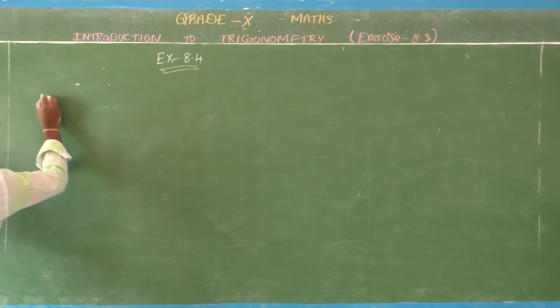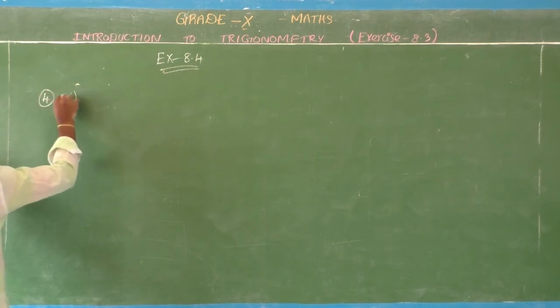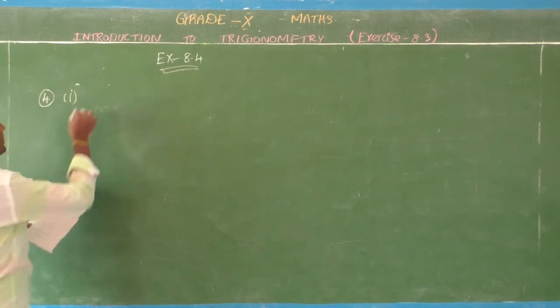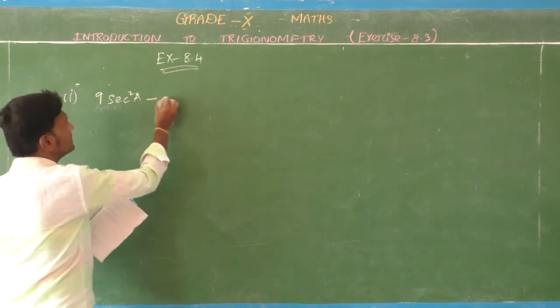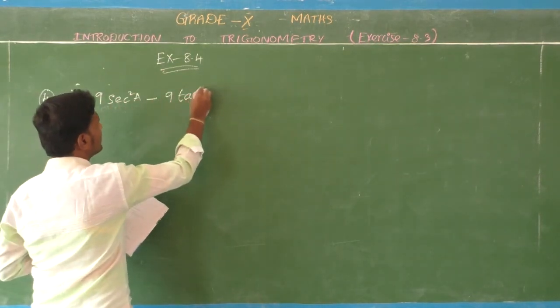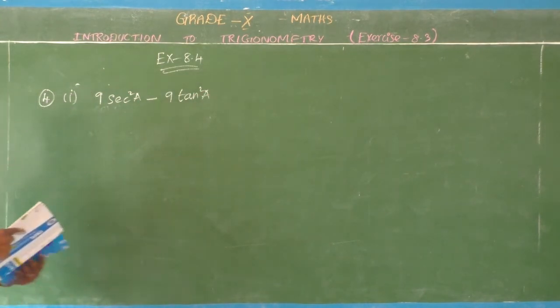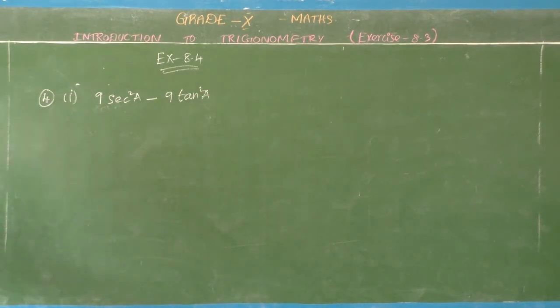Now the question number 4, the first one is given: 9 secant square A minus 9 tan square A. Now you have a formula, the identity: what is that? Secant square A minus tan square A equal to 1.